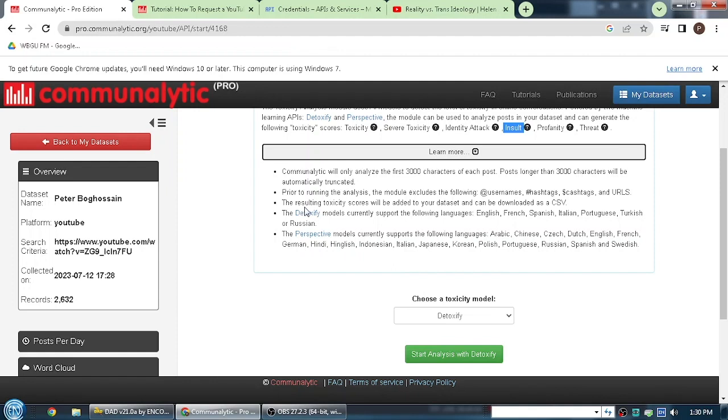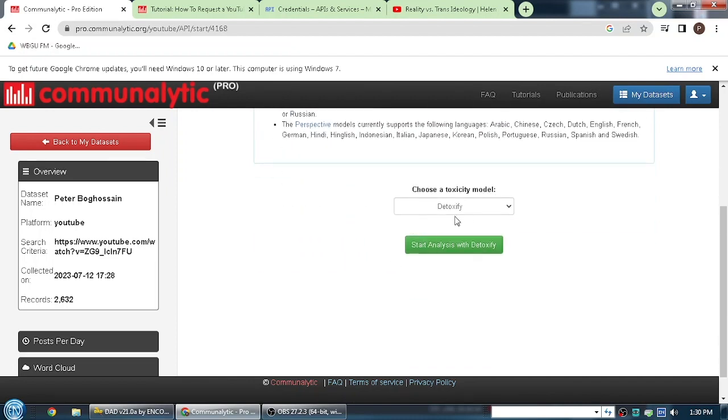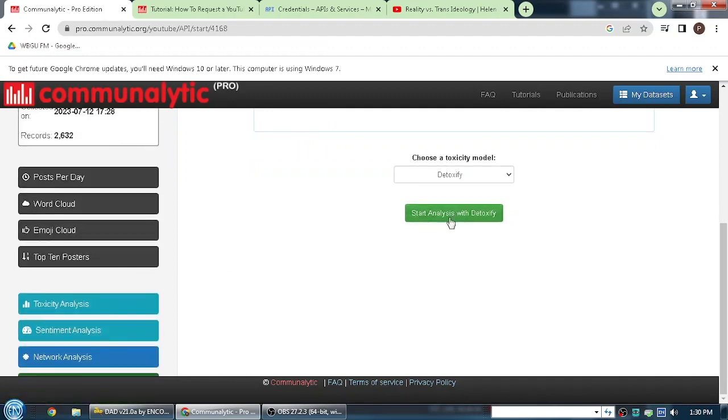Okay. Resulting scores can be downloaded as CSVs. Oh, that's good. It supports these languages, and the Perspective model supports these other languages. Okay, so I'm going to go with the Detoxify, and let's go ahead and start the analysis.